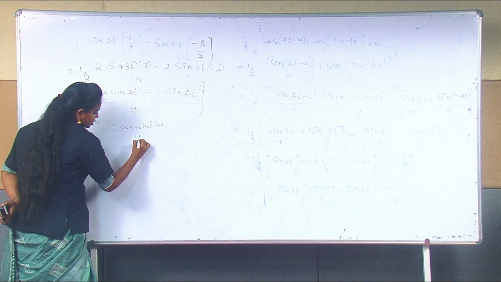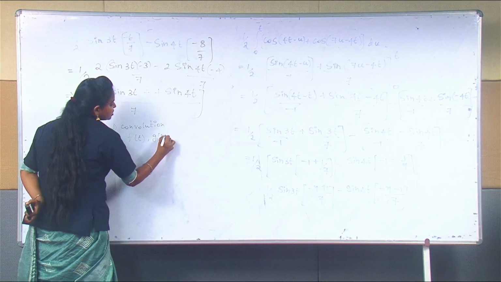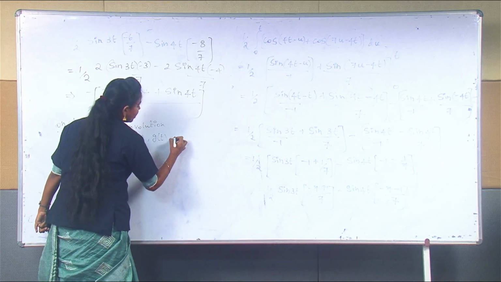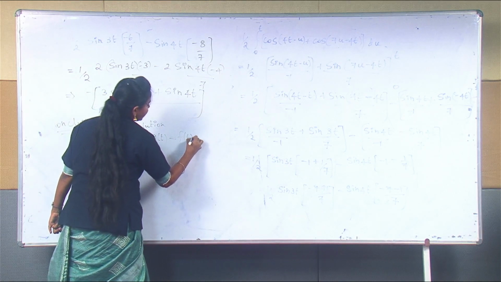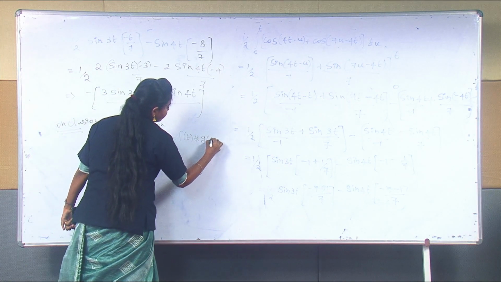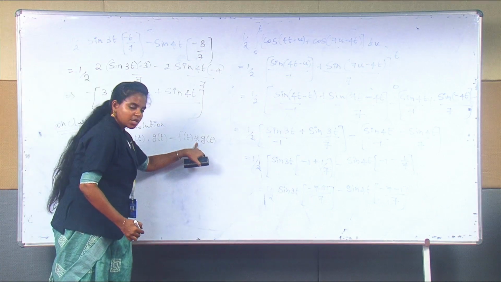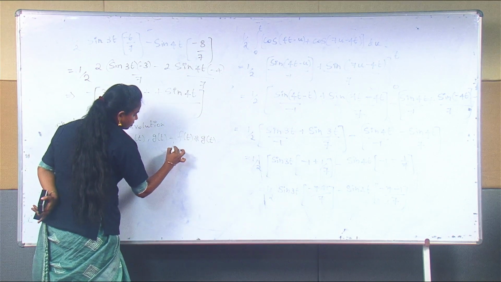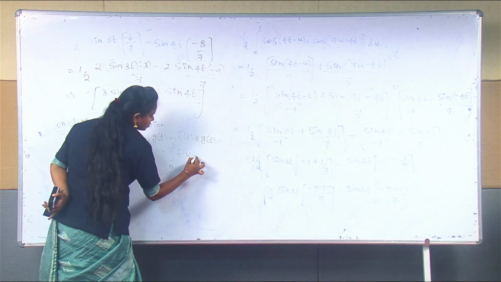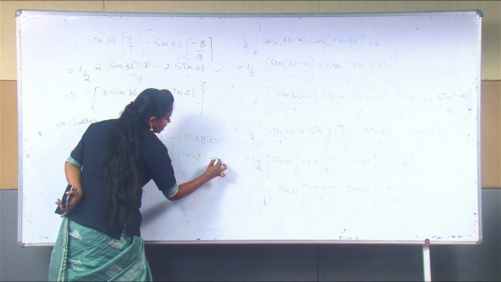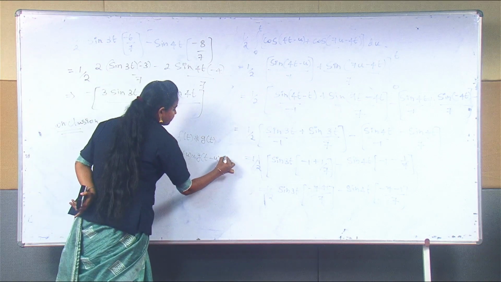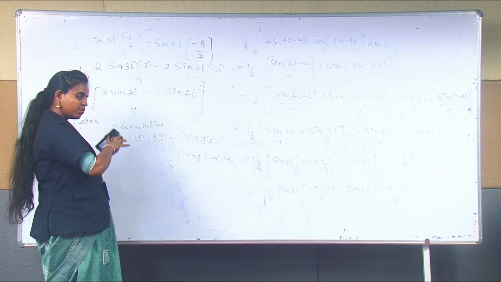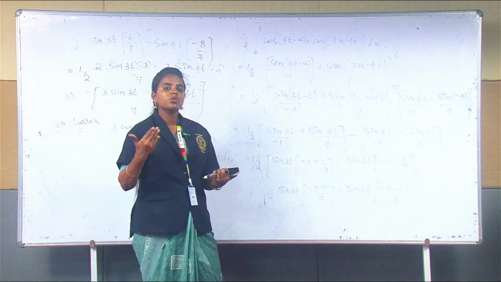If you have two functions f of t and g of t, the convolution f of t star g of t, with this star denoting convolution, is equal to the integral from 0 to t of f of u into g of t minus u du.